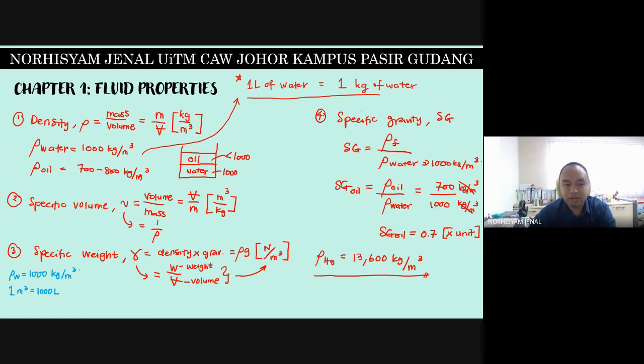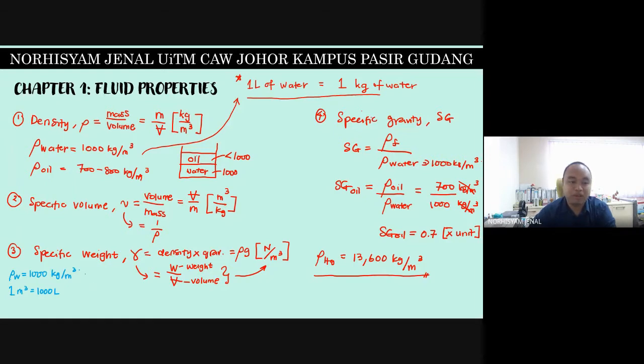All right. So you have 1000 liter of water here, so it is actually equal to 1000 kilogram. So it means 1 liter of water should be equal to 1 kilogram of water. That's the easiest part.